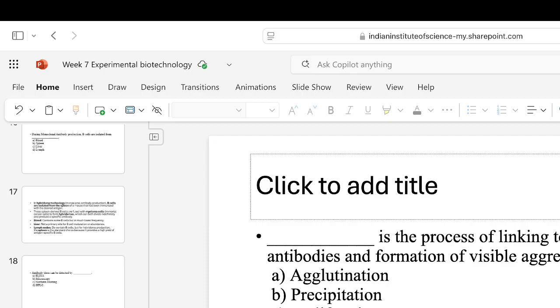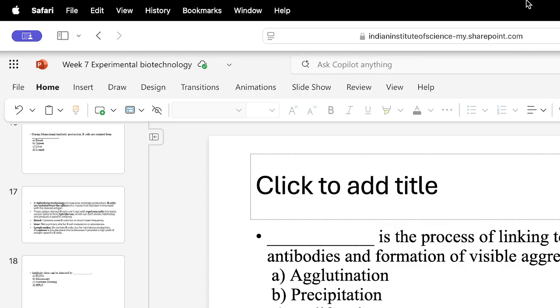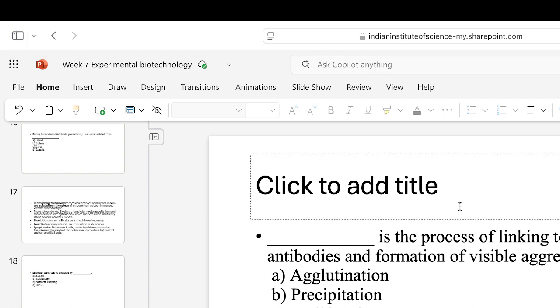If you have ever undergone immunology practicals during your college coursework, you might have done this one particular assay where you take a gel, you add antigen to it, and you add antibody to it, and you see it diffusing and forming a pattern. The reason you could see this pattern is because it forms this aggregate. Now the question is, what is this process of formation of this aggregate called?